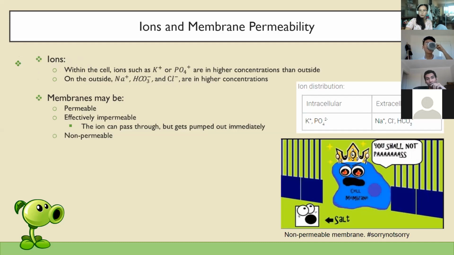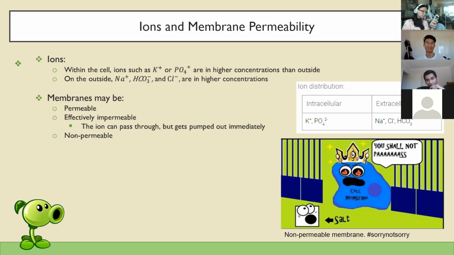So in terms of ions and membrane permeability, these come into play in the body as well. So ions, pretty much your potassium and phosphate ions are more abundant in the cell, and then sodium and chlorine and, oh man, I forgot what that was, HCO3, are more present on the outside as well.